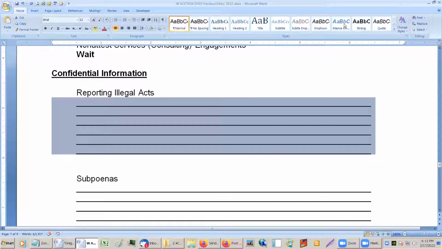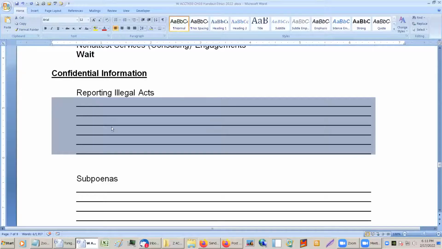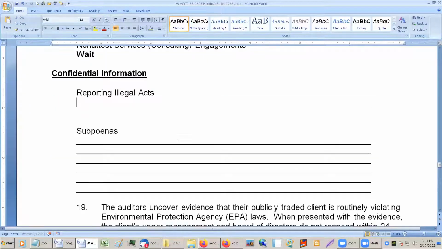This is the same as we had before. Yeah, the illegal acts is the same as we had before. I'll open them up again just for kicks. Illegal acts. Oh, I want to talk about some of this too.